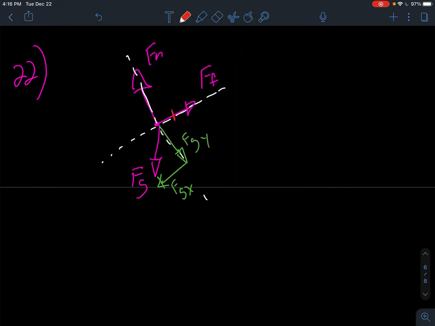So you'd have friction and the X component, and the Y component of gravity would equal the normal force. So since the scale measures your normal force, you would weigh less.